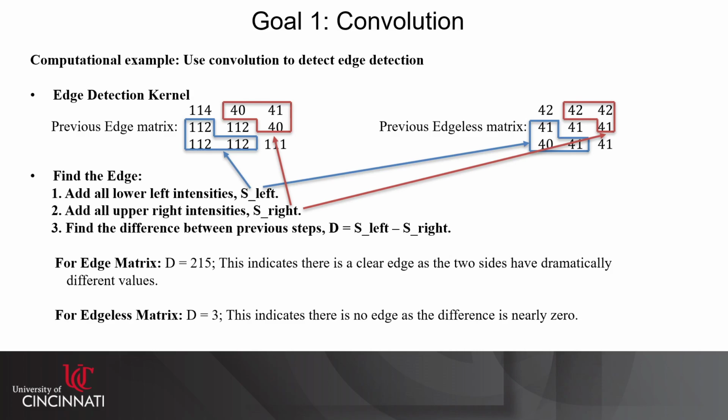However, when there's no edge, when all the pixels have similar intensity, we use the blue minus the red, and the difference is really small. So essentially, if the difference is really big, there's an edge. If D is small, there's no edge. Simple as that.